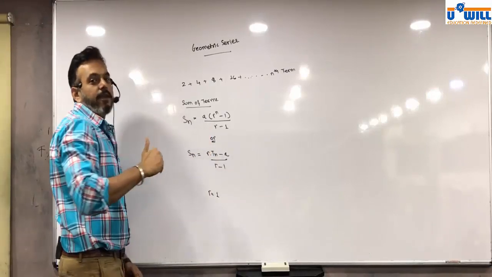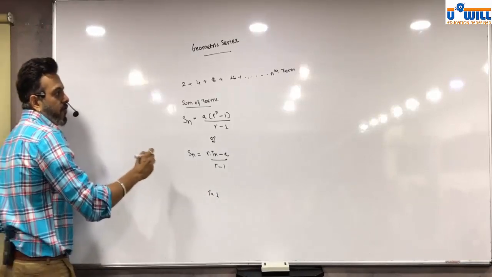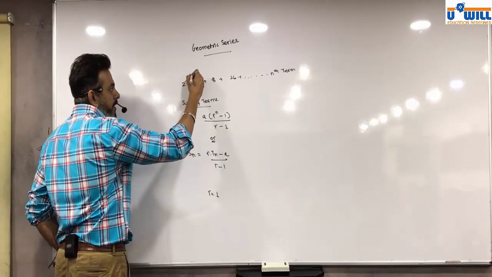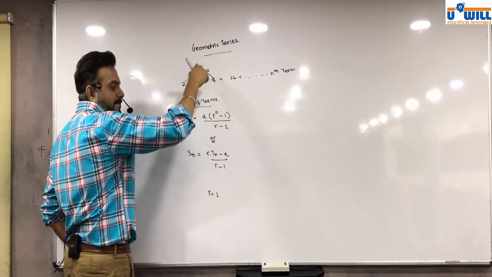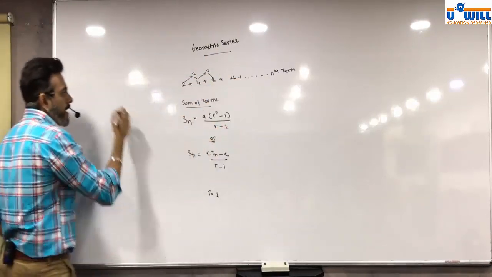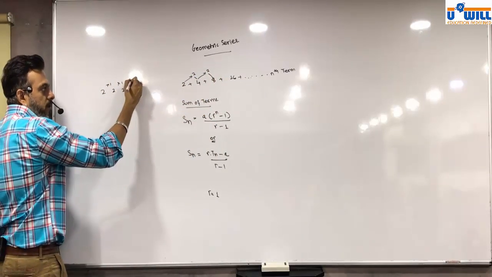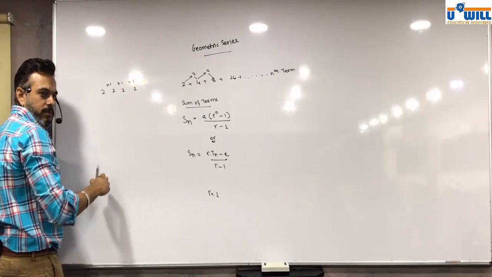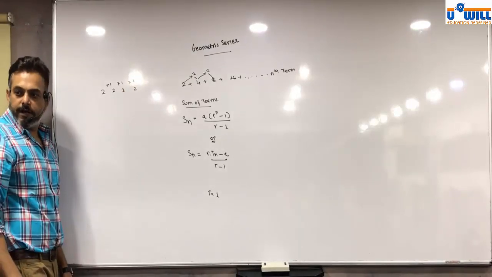Now we will say, sir, how is r equal to 1 possible? Absolutely possible. What is a geometric progression? 2 into 2 is 4, into 2 is 8. We multiply with some constant number. Can it not be 2 into 1 is 2, again into 1 is 2, again into 1 is 2? This is also a geometric progression, isn't it?